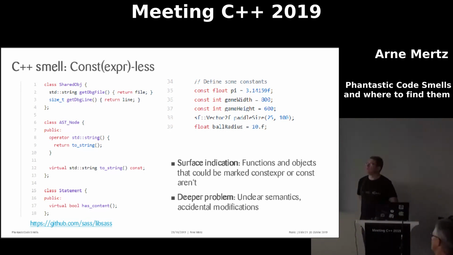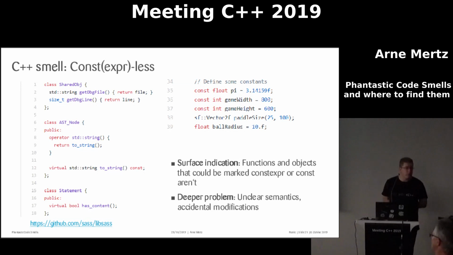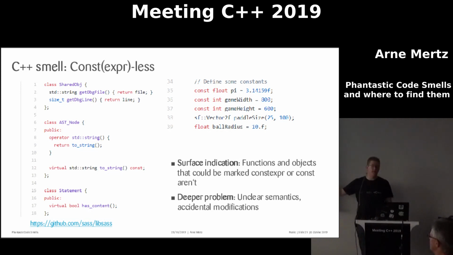I mean, seeing missing const, okay, this is a smell. What's the actual problem we have? The problem is we don't have really clear semantics. If I see the pedal size isn't const, if I see it's const, okay, so I know it's a constant.